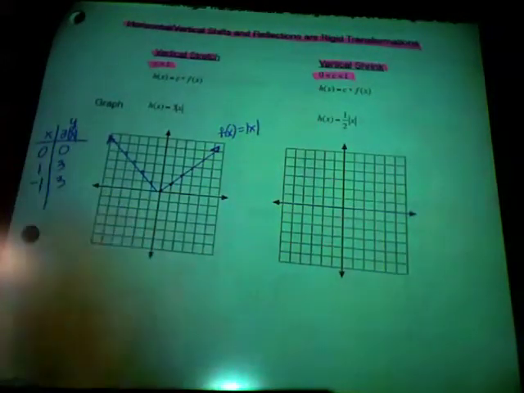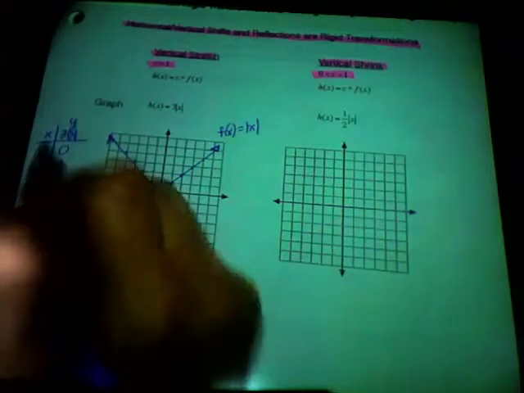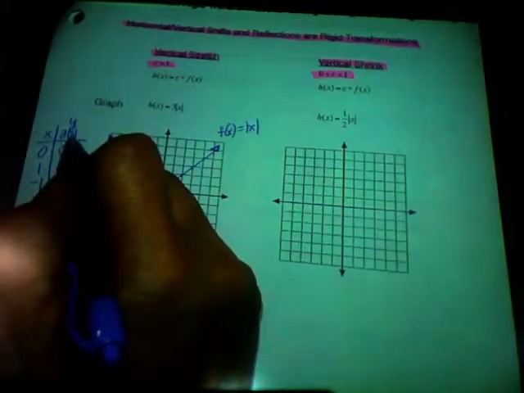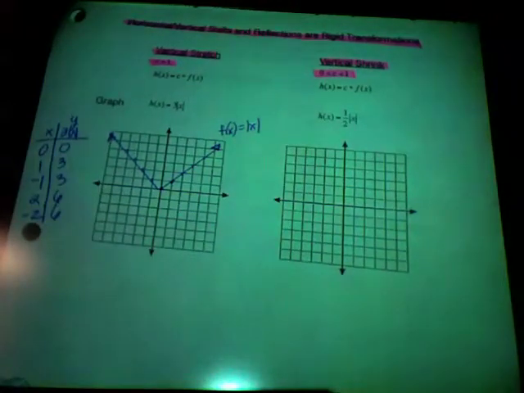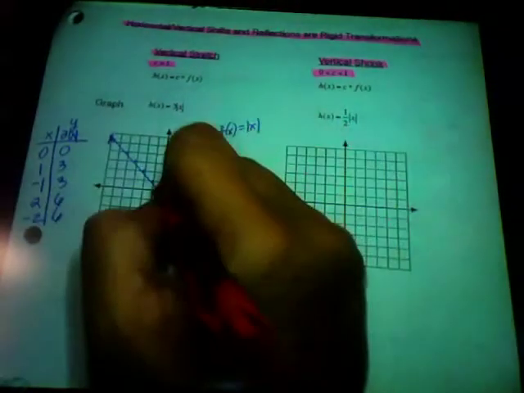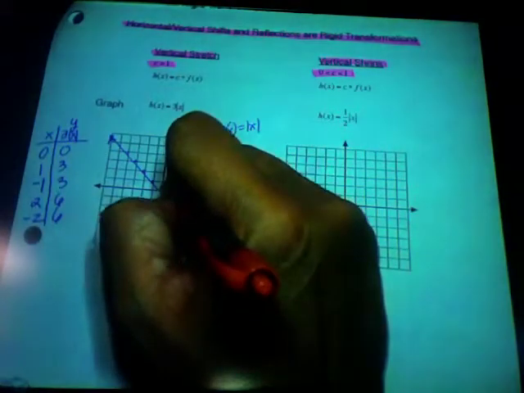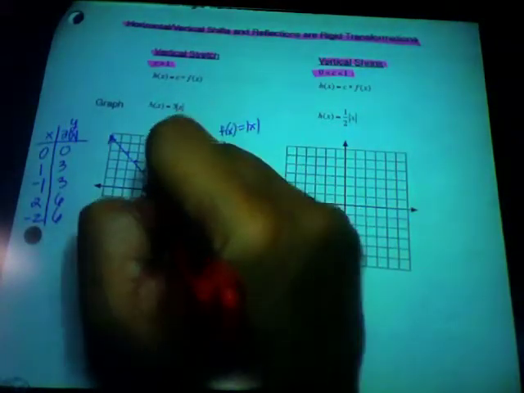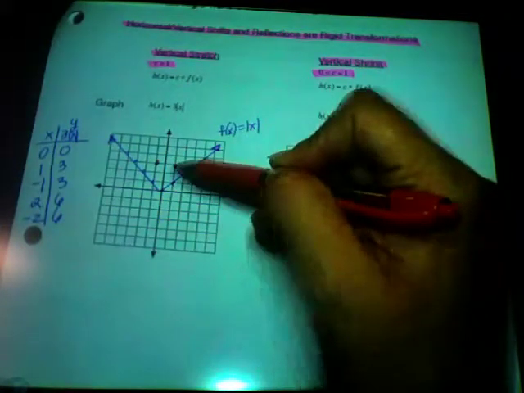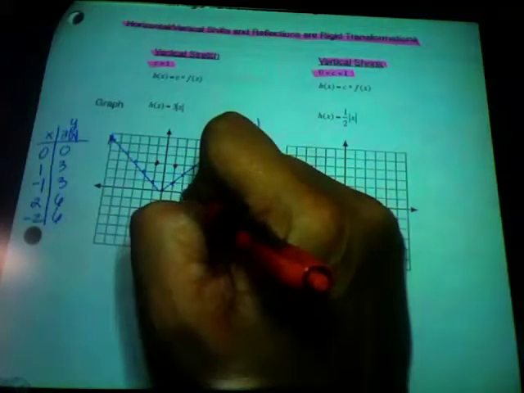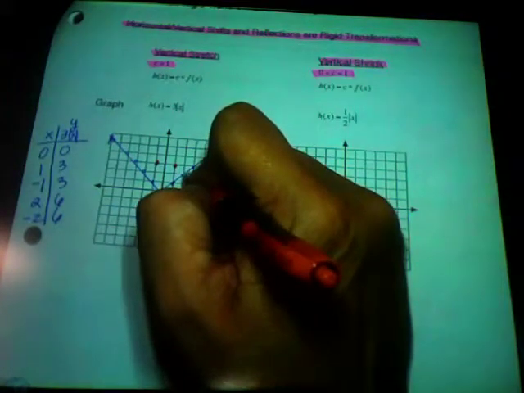I want at least 5 points here. So if x is 2, what's the absolute value of 2? 2 times 3, 6. And negative 2, won't it also be 6 as well? Okay, so plot those points. 0, 0. 1, 3, negative 1, 3. See what's happening to it? So this point right here got pulled up, and this point 2, 6, it got stretched even further.